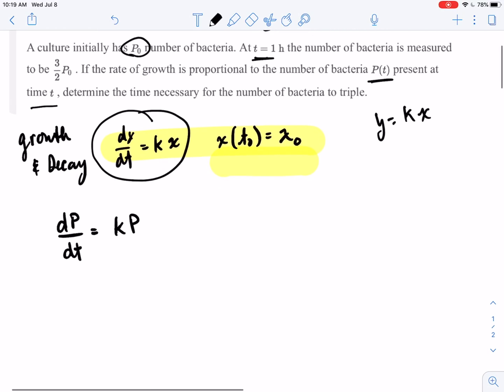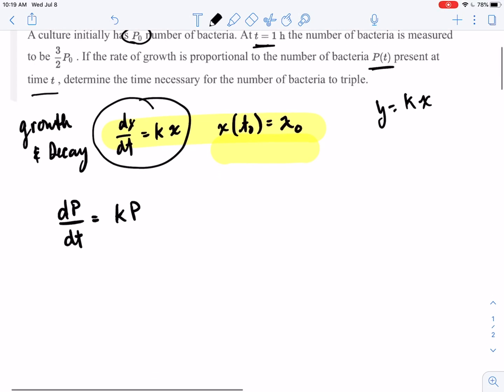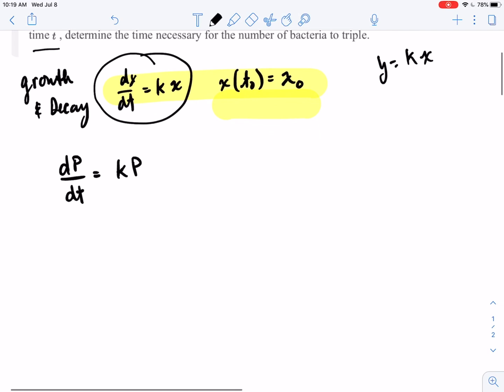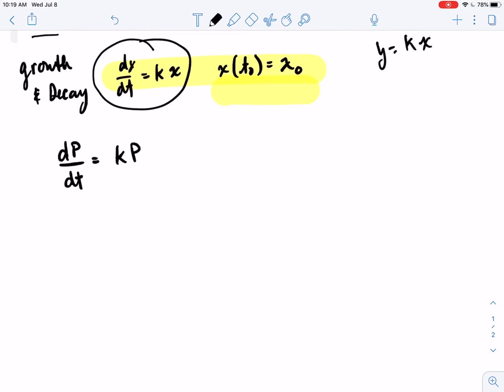Now think about how do we get that original function? How do we find a general solution for that? Separate and integrate. So dP over P equals k dt. Now I usually leave the constant with the x or the independent variable. In this case, t makes it a little bit easier.